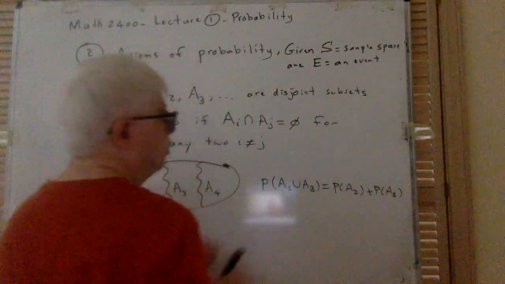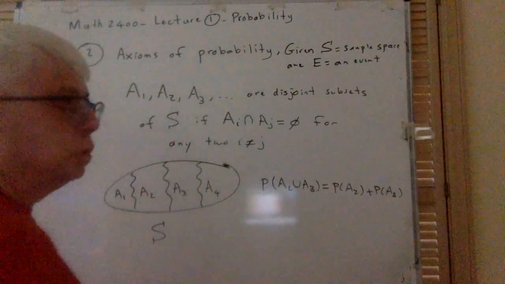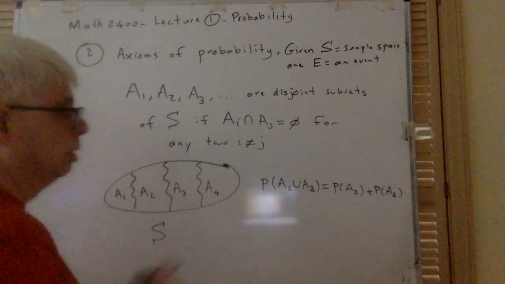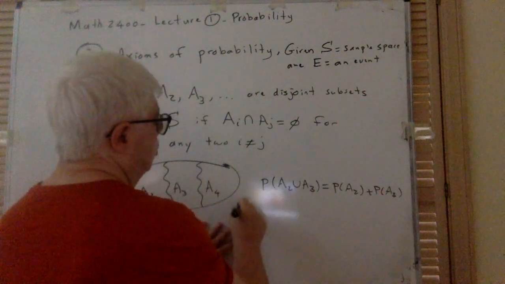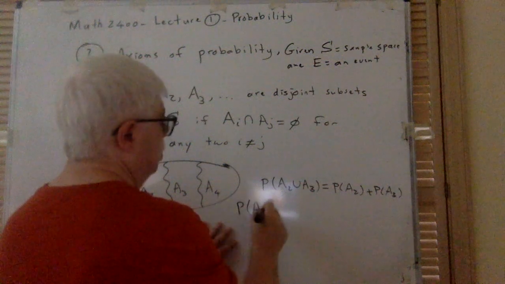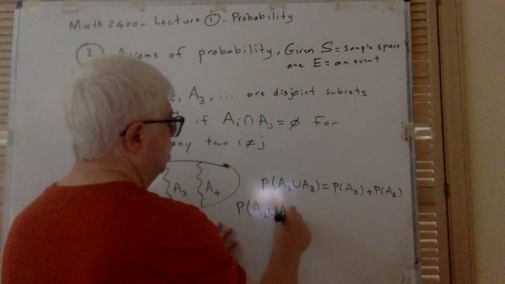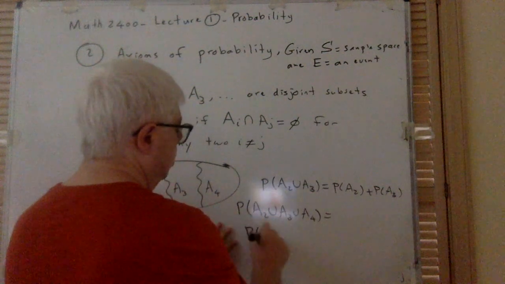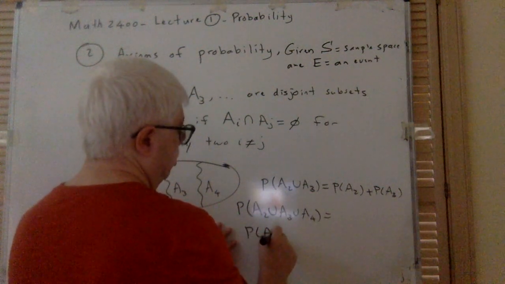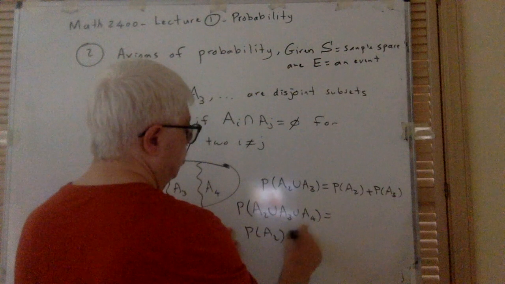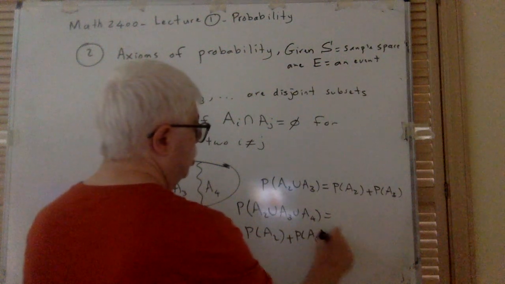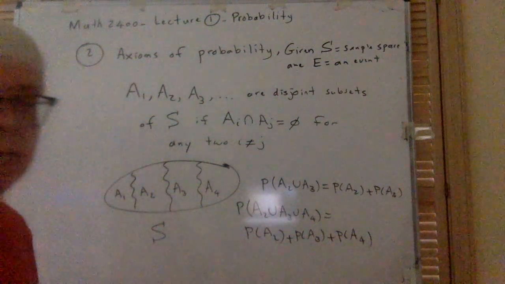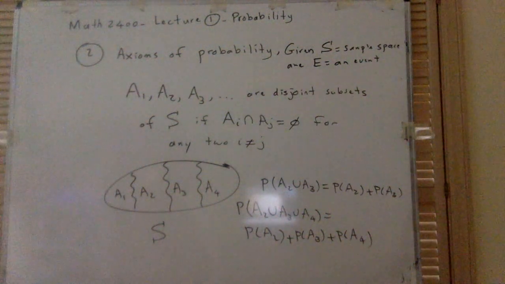So if I have a collection of disjoint subsets, then the probability of a union of them, A2 union A3 union A4 for example, will be P of A2 plus P of A3 plus P of A4. So that's the meaning of axiom number 3.